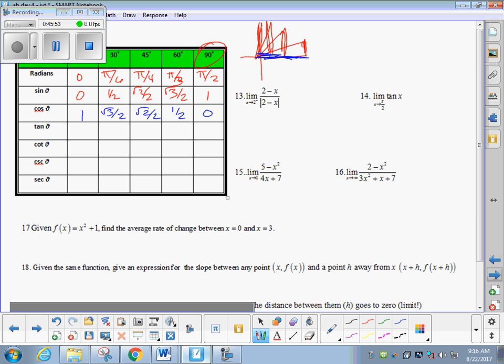All right, tangent starts at 0. In other words, the opposite is a fraction of the adjacent. It starts as no part of the adjacent, and then it gets bigger. Root 3 over 3, 1, root 3, and approaching infinity. I can call that undefined. I use u for undefined, whatever your teacher used is fine. Cotangent then is the exact opposite, yeah?